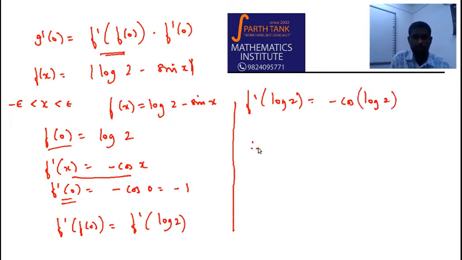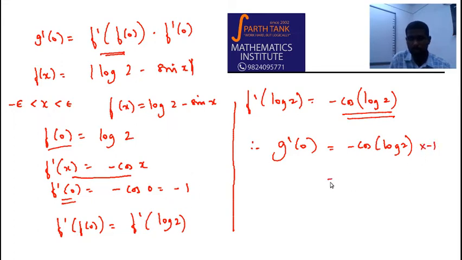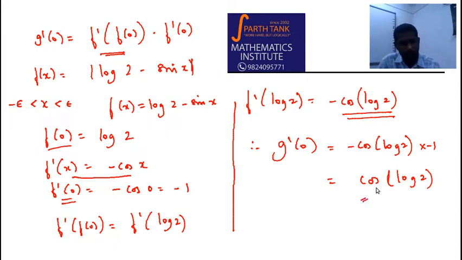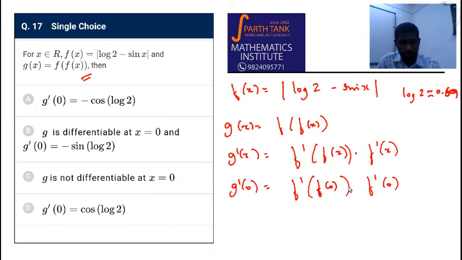Therefore g dash of 0 is this multiplied by f dash of 0, which is minus 1. So it is cos of log 2. So remember, the idea is that close to 0 the function is differentiable, it is continuous and everything, and it has a unique value for the derivative, cos of log 2. Let us see if this exists somewhere. G dash of 0 is cos of log 2. Option D is the correct answer.